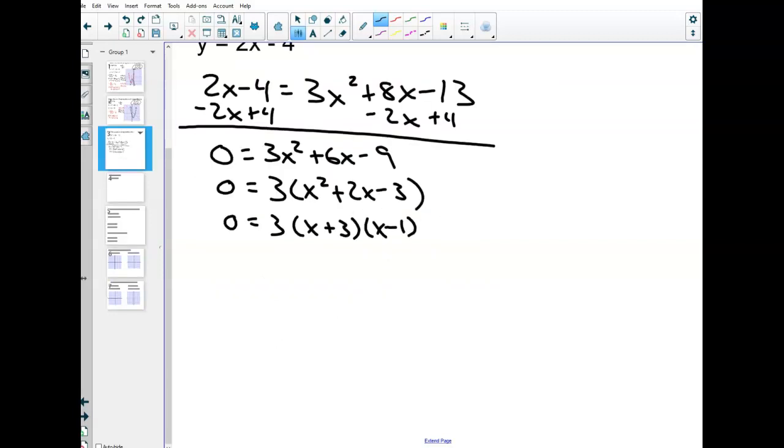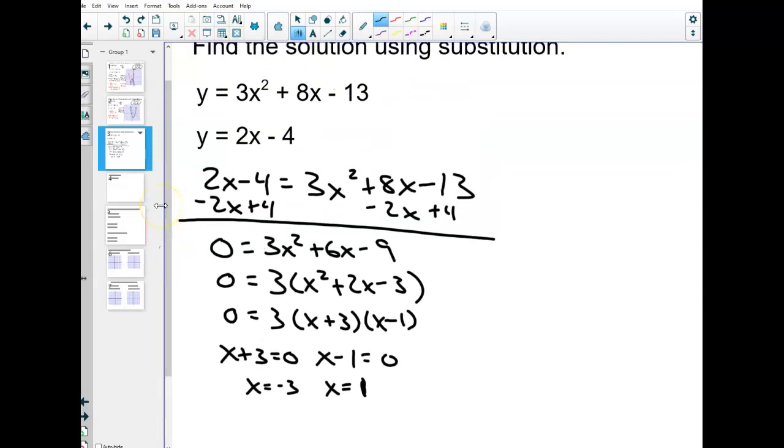Okay. What would make this equation here equal to 0? Well, you would set both factors equal to 0. x equals a negative 3 and x equals 1. That's half of both answers. Then you simply plug the x in for y. 2 times negative 3 minus 4 is a negative 10.